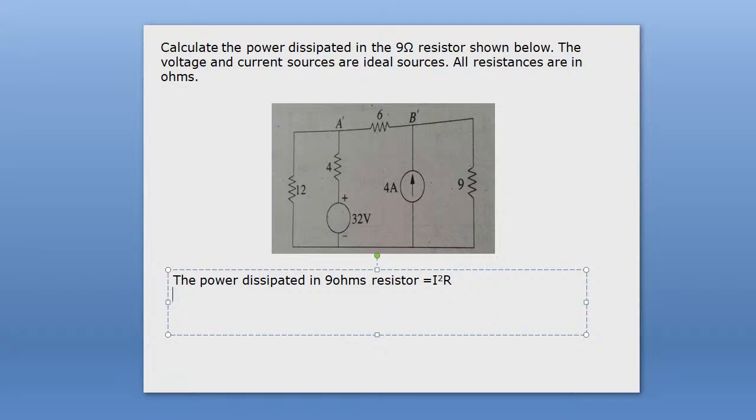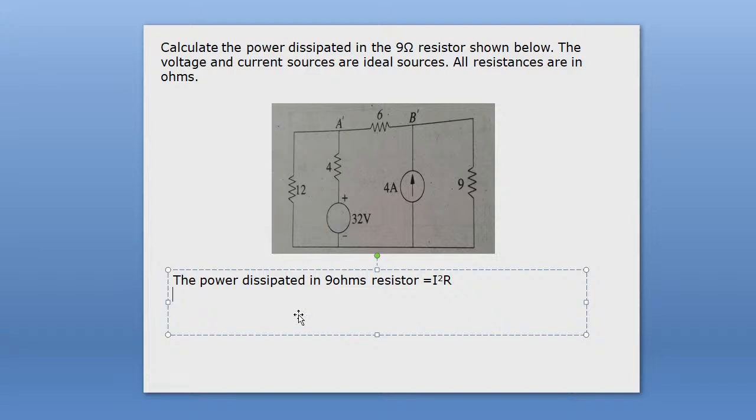So if I consider this is shorted, that means this resistance 6 plus 9, 15 ohm resistance, and 12 ohm resistance are in parallel combination. And this parallel combination is connected in series with the 4 ohm resistance.